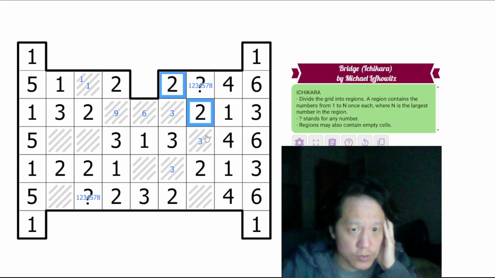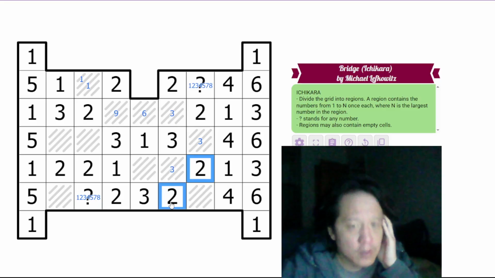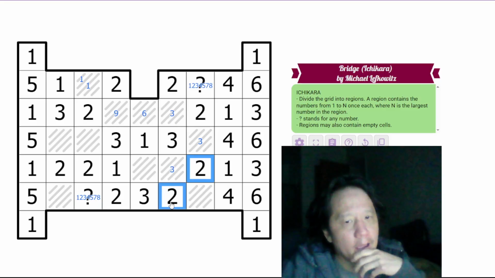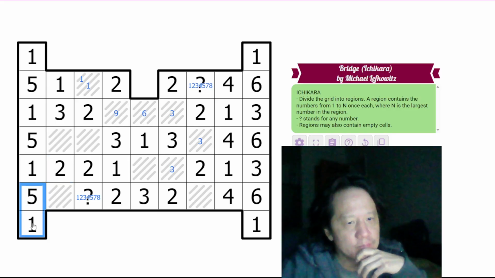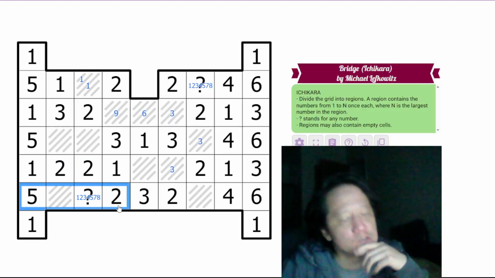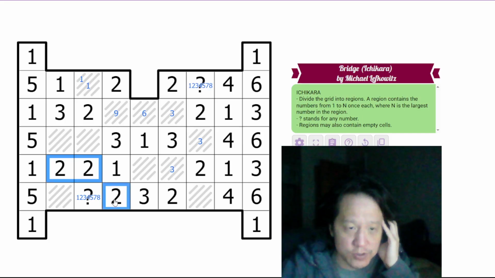We have 2, 2 here and 2, 2 here. Huh. So this 5 can only be accessed through 2. If it goes 1 here, it still has to go through the 2. Obviously, it doesn't connect that way, so it can go through 2 here, it can go through 2 here, it can go through 2 here. But it has to go through one of these 2s because it can't go up here.